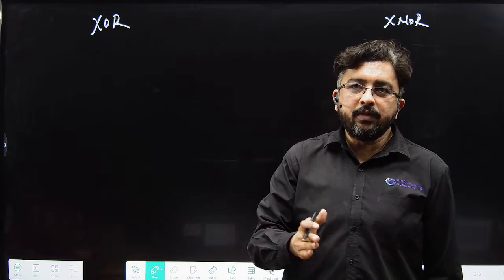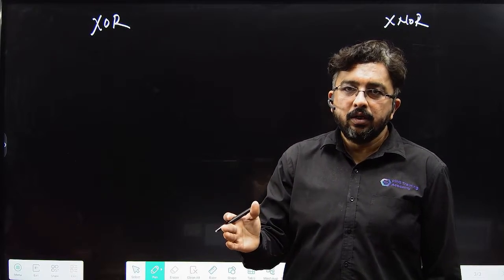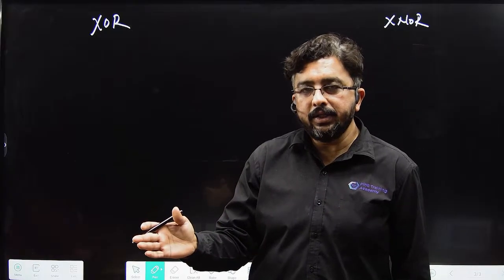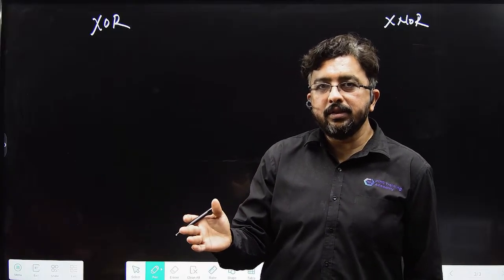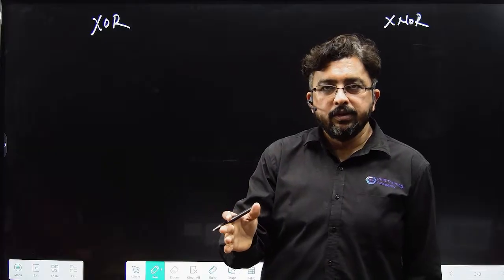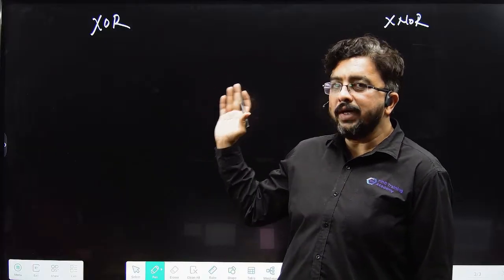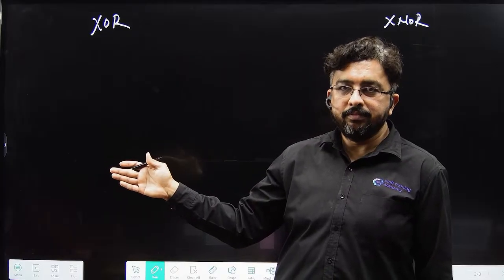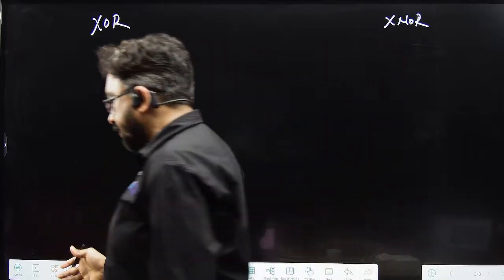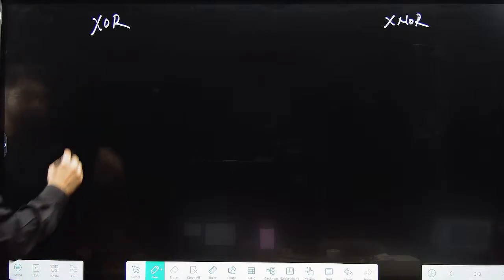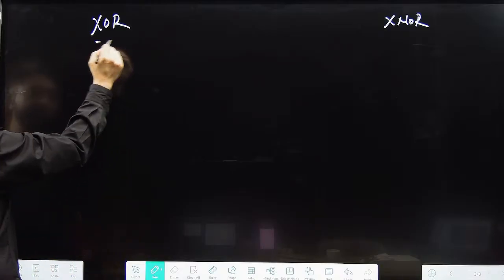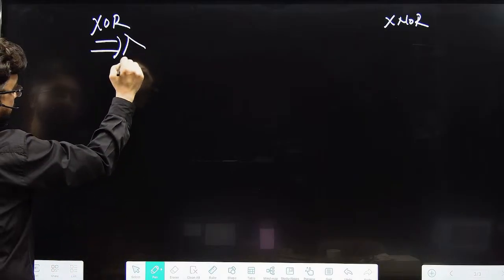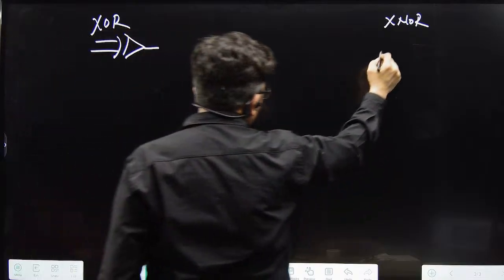So it is not made up of AND, OR, and there is no connection of inverter. So the implementation of XOR and XNOR is totally different from the previous one. So this is a symbol of XOR and this is a symbol of XNOR.